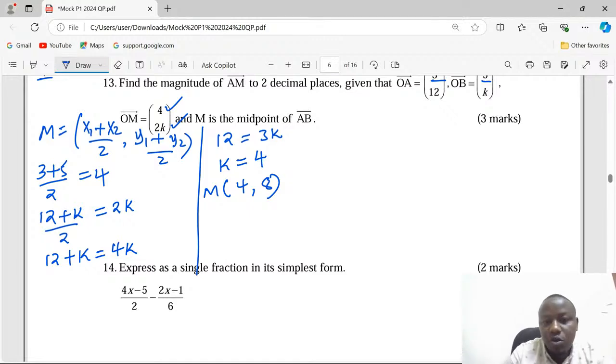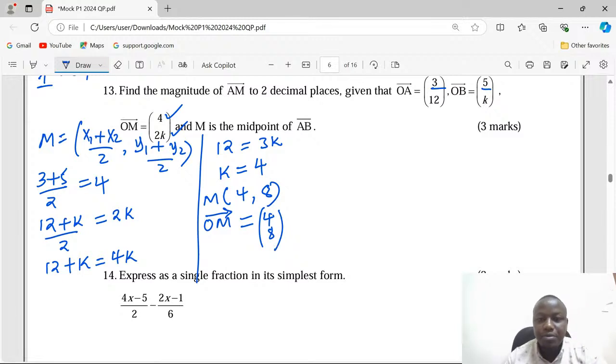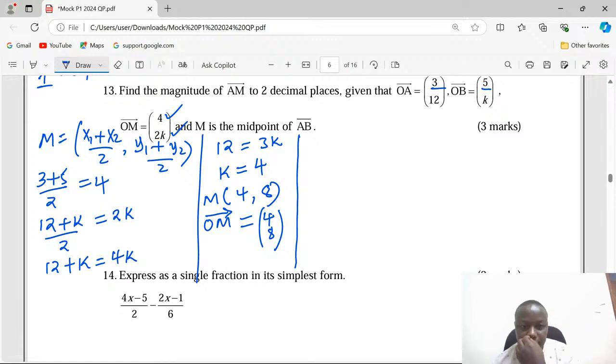Now with this, we can know that vector OM, which is the position vector of M, is going to be (4, 8). At this point again, we are finding the magnitude of AM.